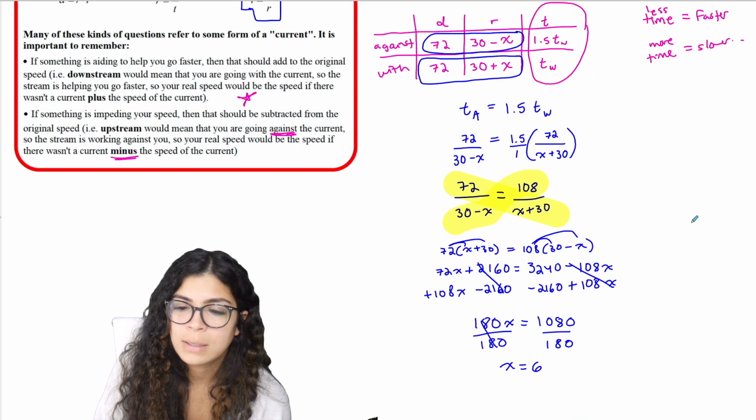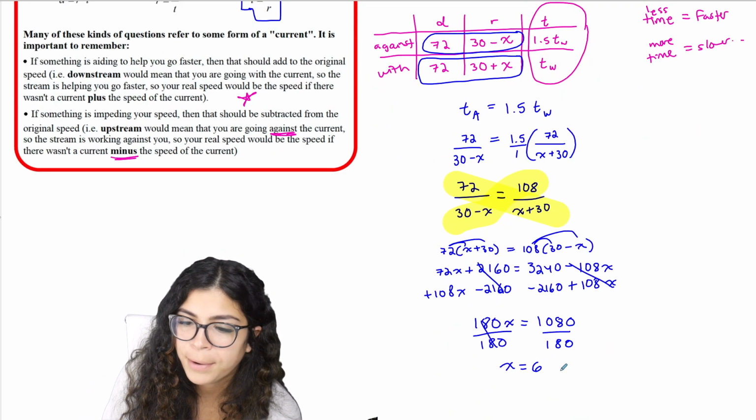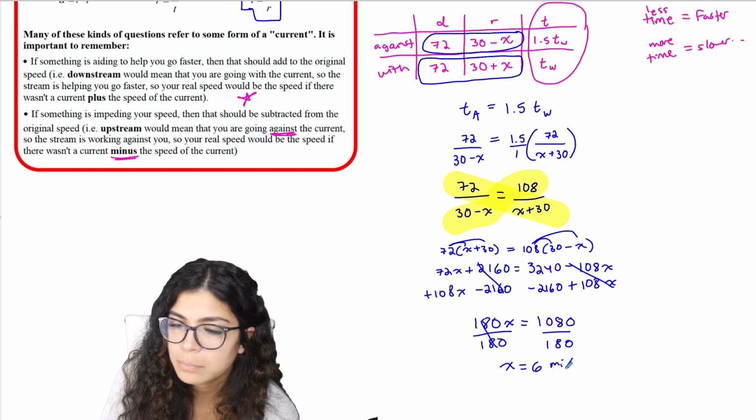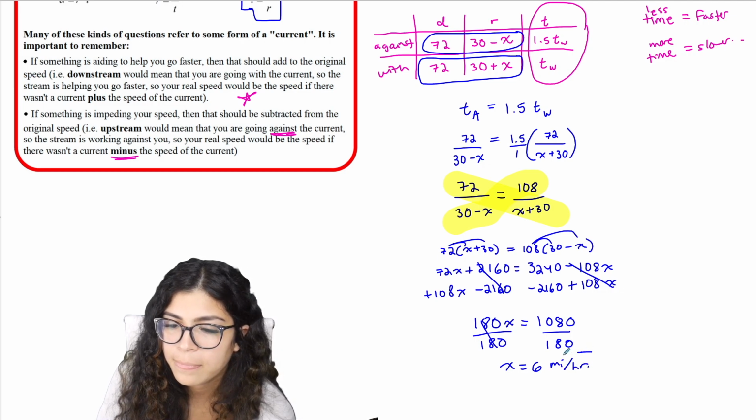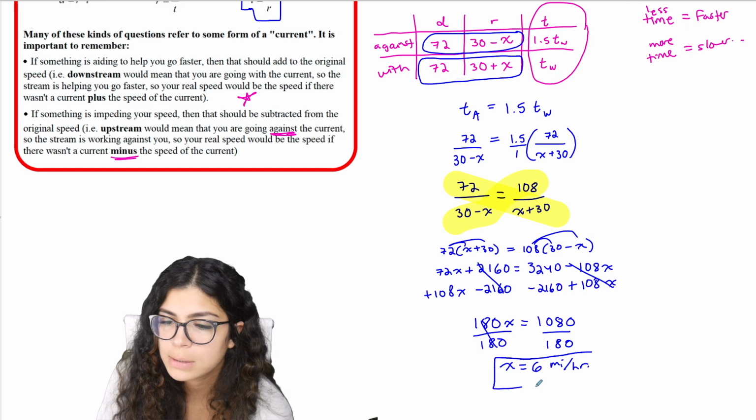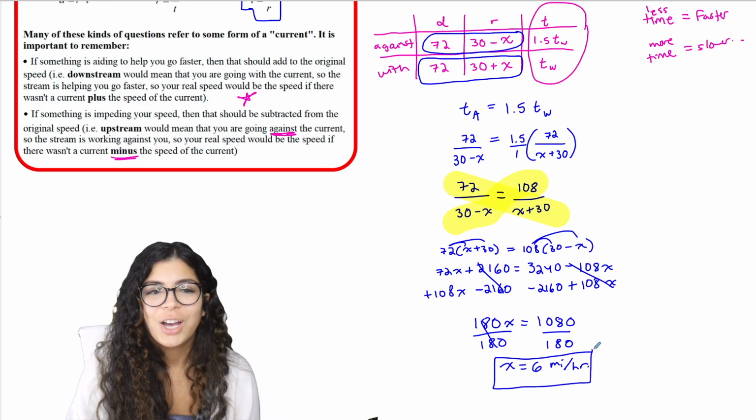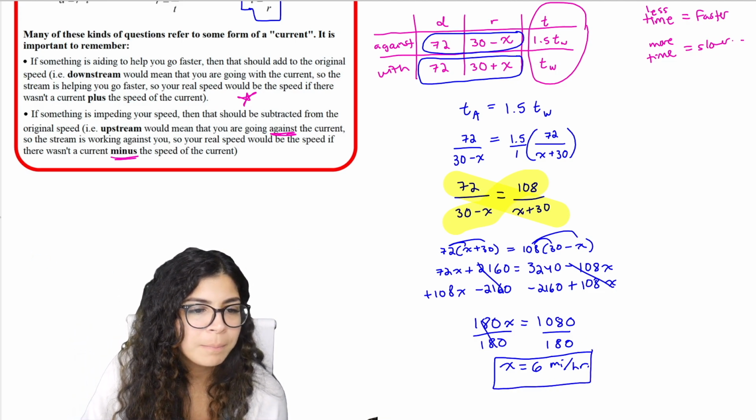So this is 6 miles per hour. That would be the speed of the current. All right. Okay, let's try one more together.